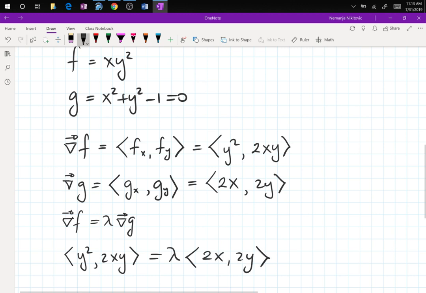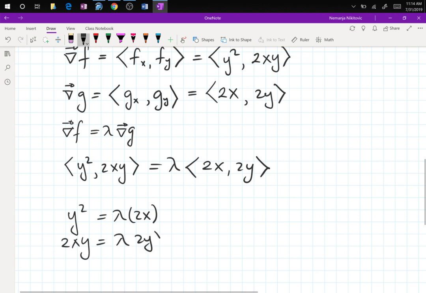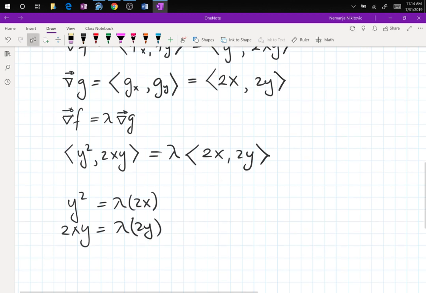So you plug these two vectors into the equation. This will provide you with, in this case, two equations when you set the first components equal and the second components equal. So y squared is equal to lambda times 2x. That's the first equation. And 2xy is equal to lambda times 2y, which is the second equation.